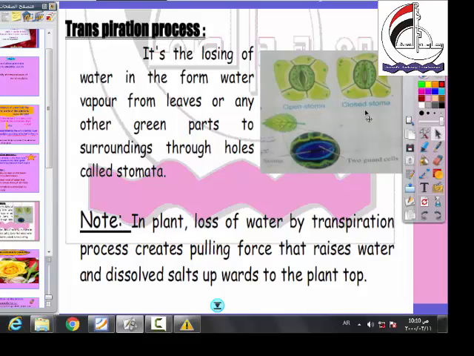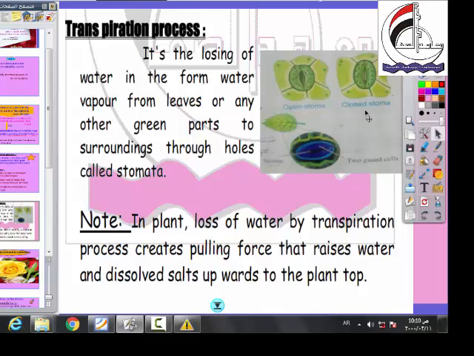Excellent. Very important: the definitions of transpiration, selective permeability and osmosis. Transpiration is losing of water in the form of water vapor from leaves or any other green parts to the surrounding through holes called stomata.